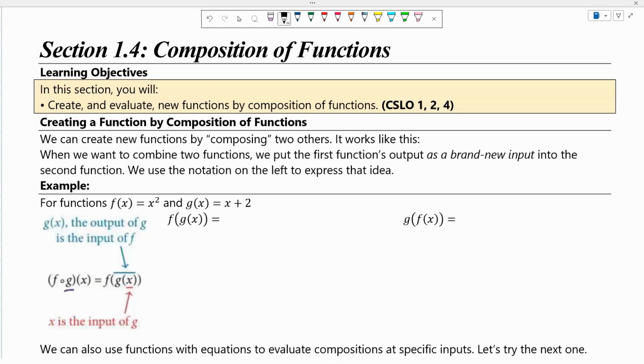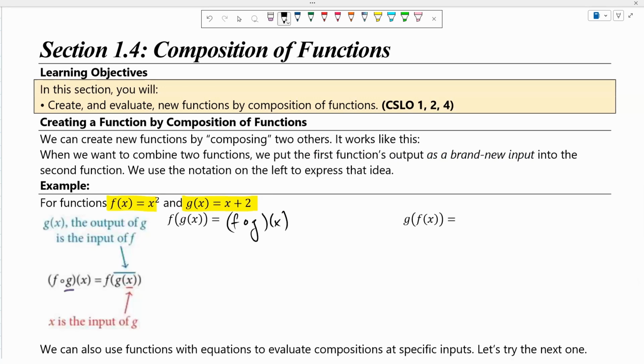For example, I've got two functions here. I'm going to compose them. Just to get our notation right, this is f composed with g of x. What this is telling me to do is grab all of g and put it inside of f. Let me do it all the way out.